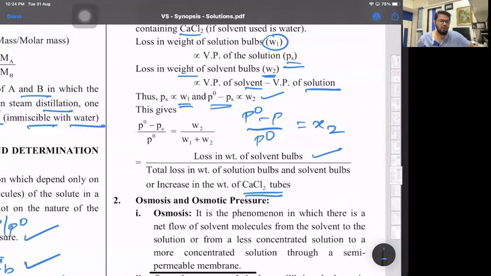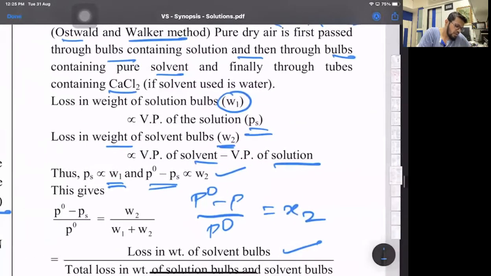So what is done first? We take glass tubes or glass bulbs, where first you have the solvent. Dry air is made to pass, so the air will get saturated only with the vapors of pure solvent. I'll just show you in short. I have bulbs over there, and they are connected.